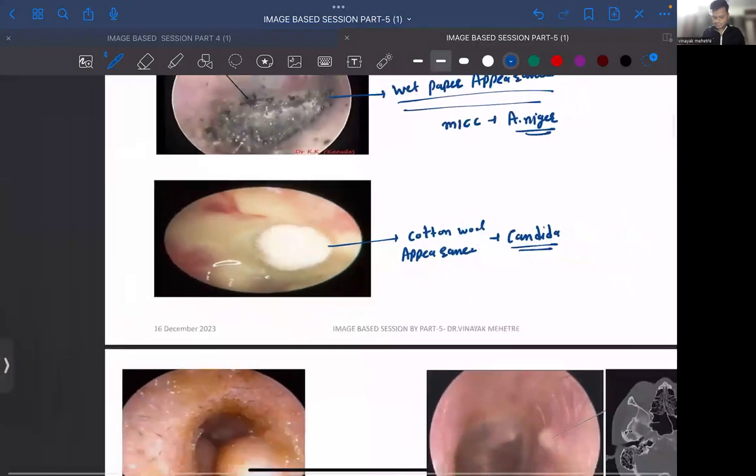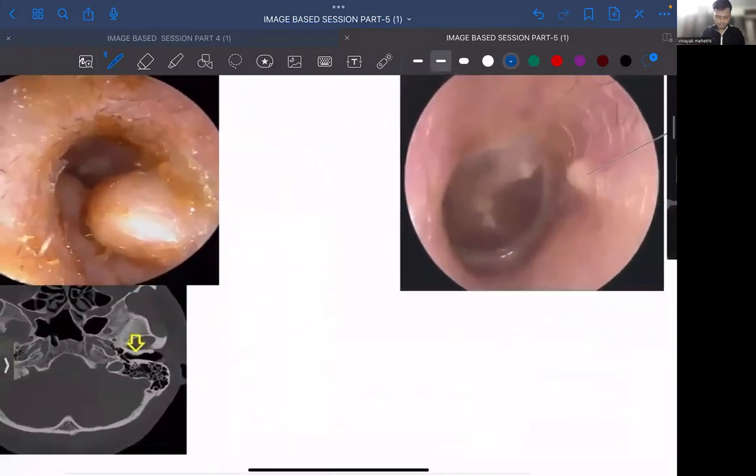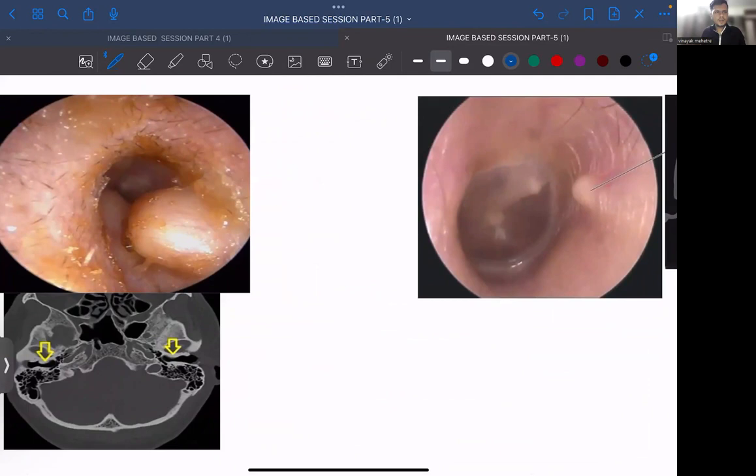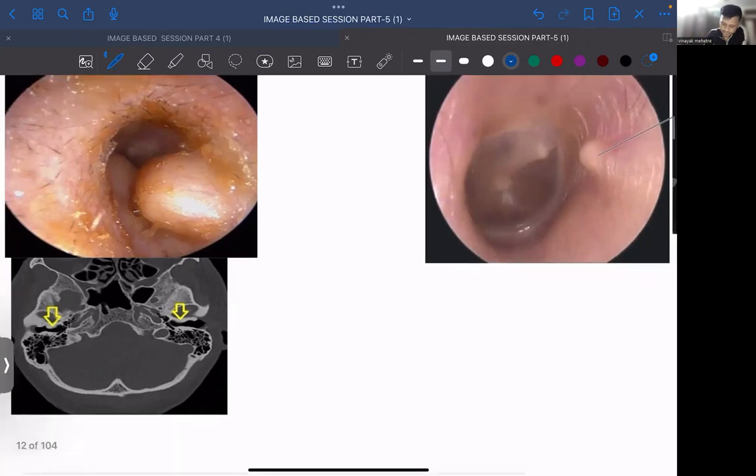What is the diagnosis? And the hearing loss is bilateral. Surfing in the sea water is actually called surfer's ear. What will we call it? Surfer's ear.